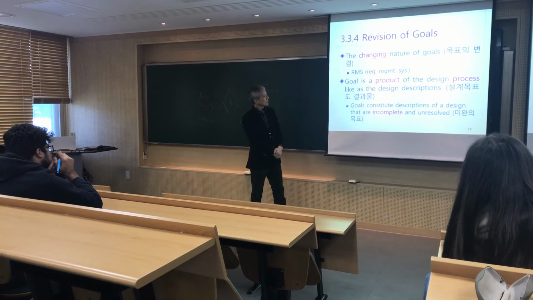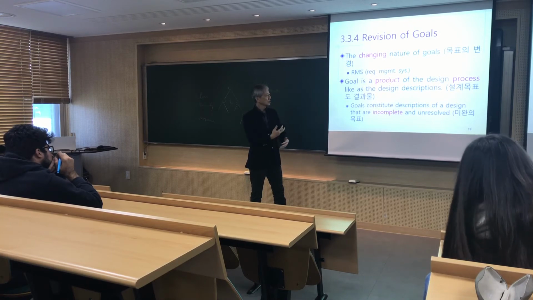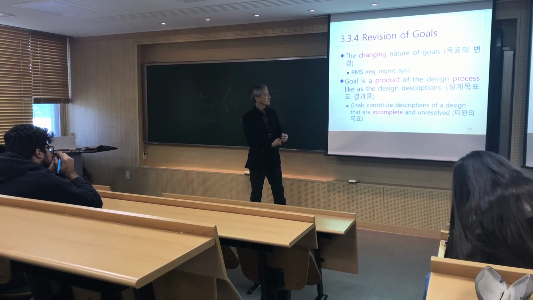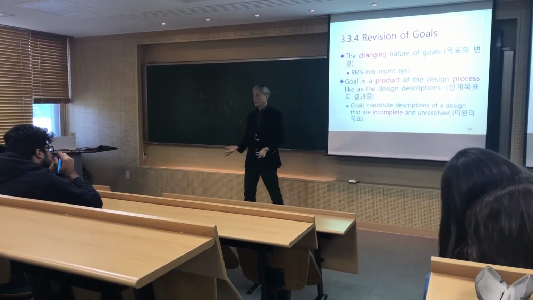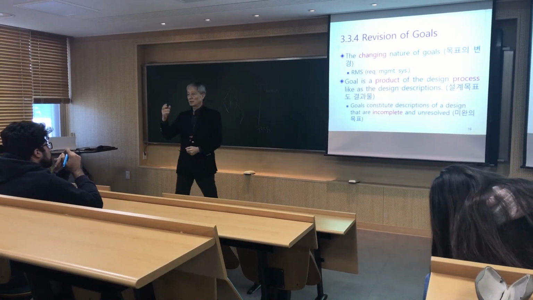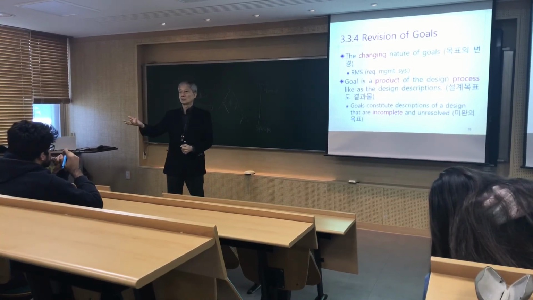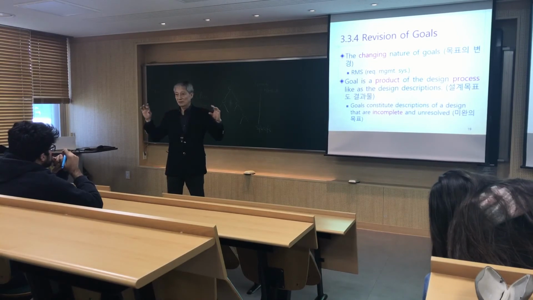Goal is a product of the design process. So as you go on designing, the goal is also more clarified. See, I want to design a good smartphone for Indian ladies, young ladies. That is a very rough idea, right?